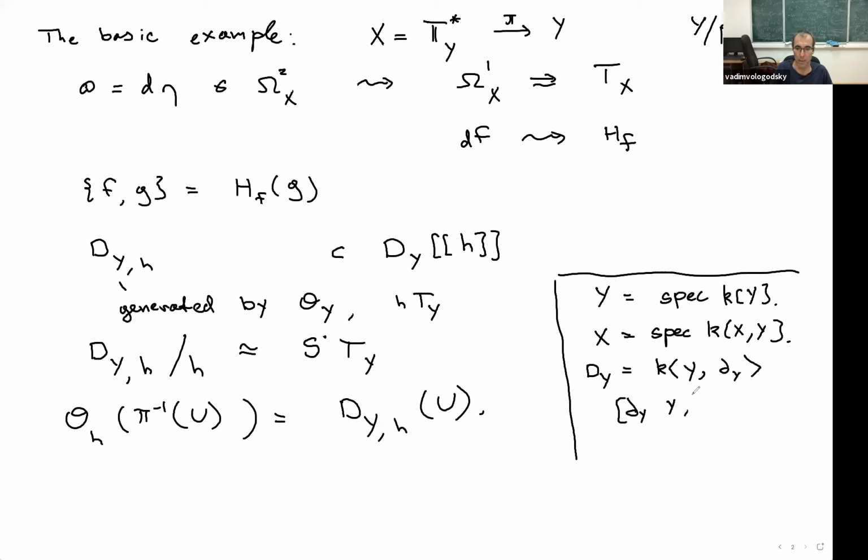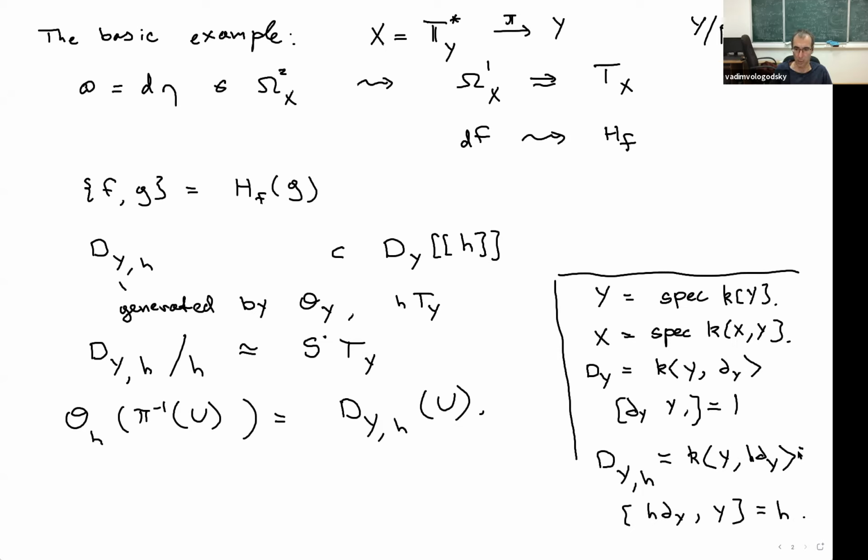So now what happens if I take D_Y^h? Well, that's going to be an algebra generated by two variables, Y and hD_Y, and the relation is going to be that the commutator, which here is 1, is going to be h, right?